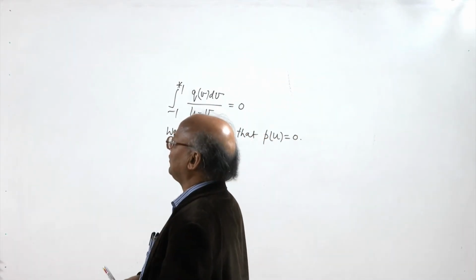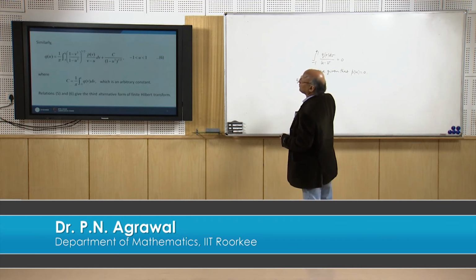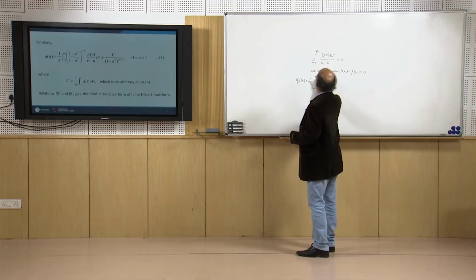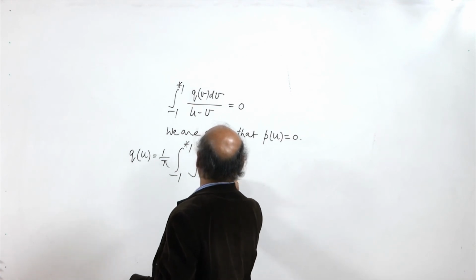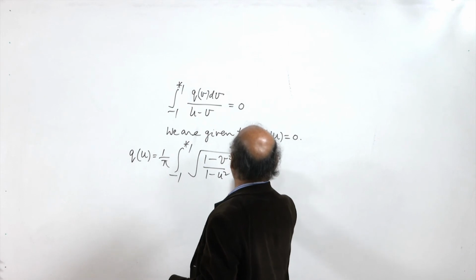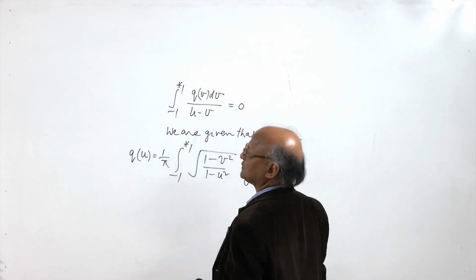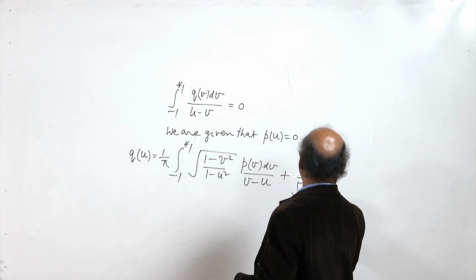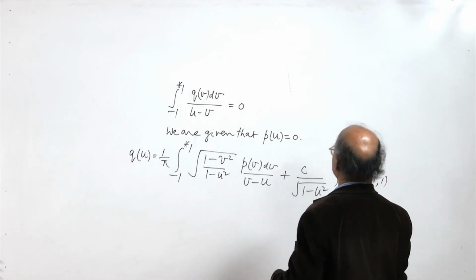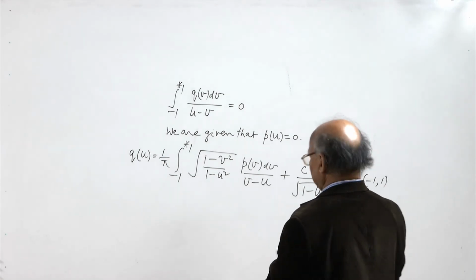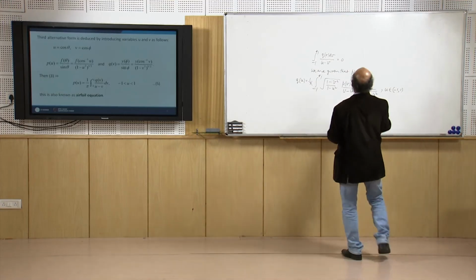Now, the solution of the integral equation is given by q(u) equal to 1 over pi integral over minus 1 to 1 of square root of 1 minus v square upon 1 minus u square, p(v) dv divided by v minus u, plus c upon square root of 1 minus u square, for u belonging to minus 1 to 1.